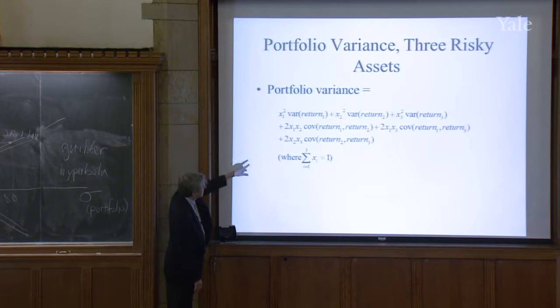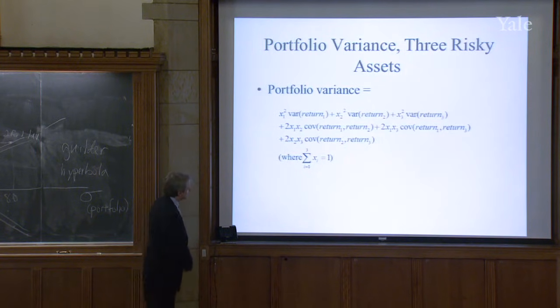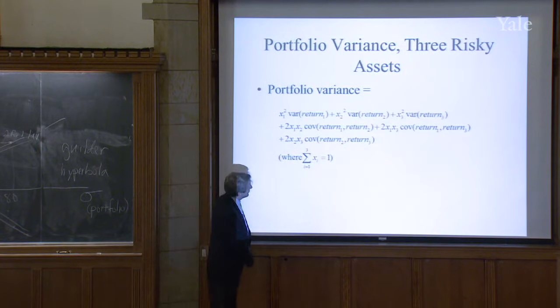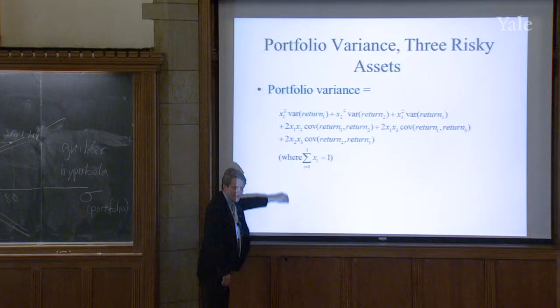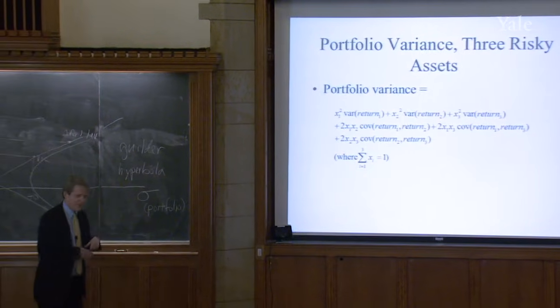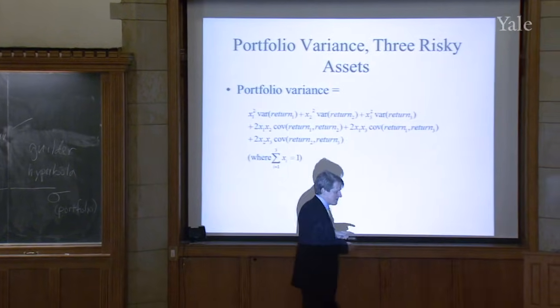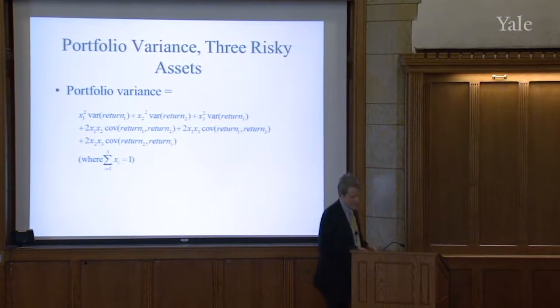And this is the formula for the portfolio variance. It's x1 squared times the variance of the return on the first risky asset plus x2 squared times the variance of the return on the second risky asset plus x3 squared times the variance of the return on the third risky asset. And then you have 3 more terms representing covariances. You have to take account of the covariances of the assets, because if they move together, if they all go in the same direction at the same time, that's going to make your portfolio riskier.